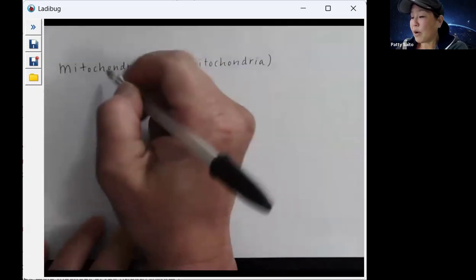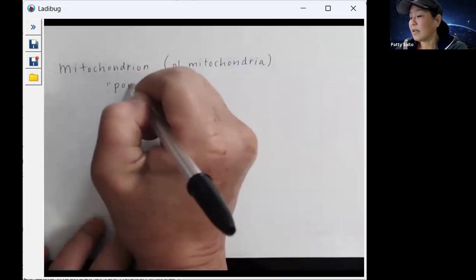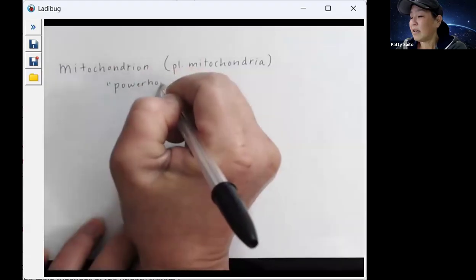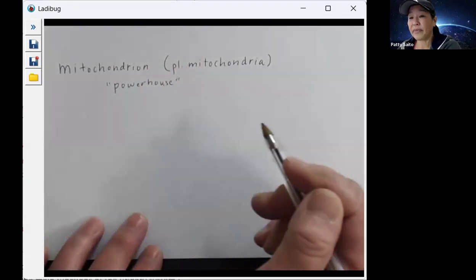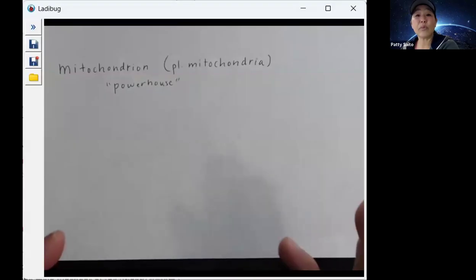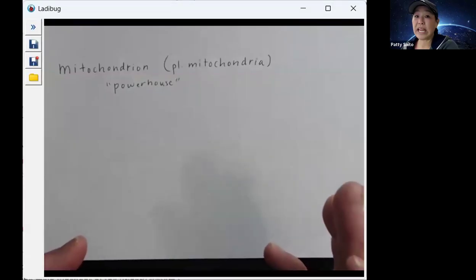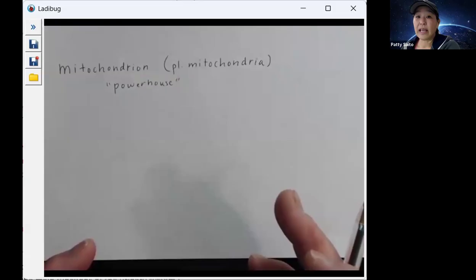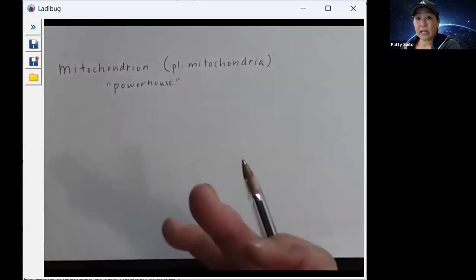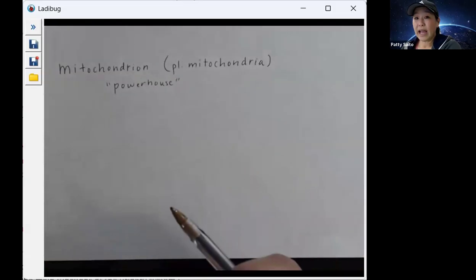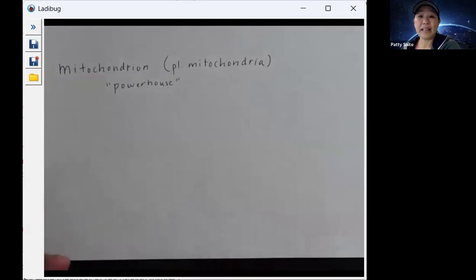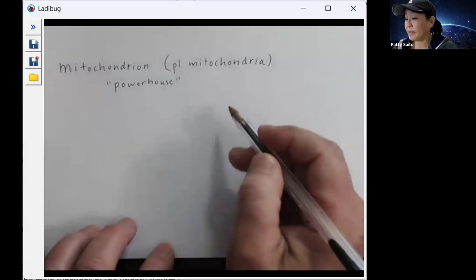We called it the powerhouse of the cell. Why? Because this is where we make the majority of our ATP. If you look at cells, the more mitochondria a cell has, the more ATP it produces, and vice versa, less mitochondria means less energy from that cell.